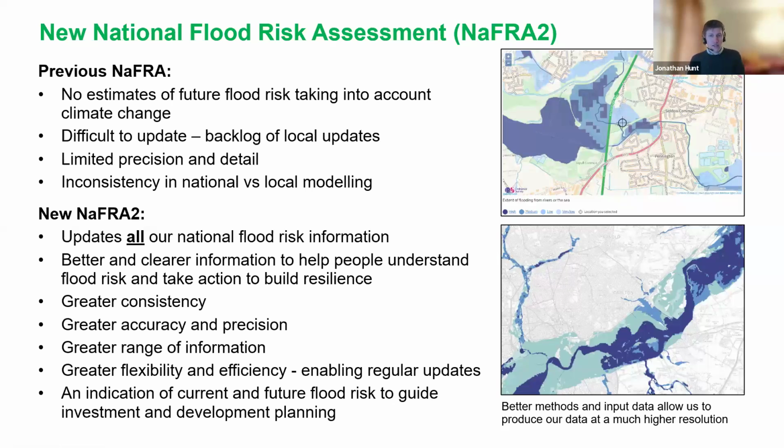So our previous National Flood Risk Assessment, or NaFRA for short, was an assessment of present-day flood risk, so it didn't consider the effects of climate change on future risk. It was difficult for us to update, so the original NaFRA was produced over 20 years ago now, in 2004. And since then, we've expanded and improved our existing assessment, but those updates were difficult to do.